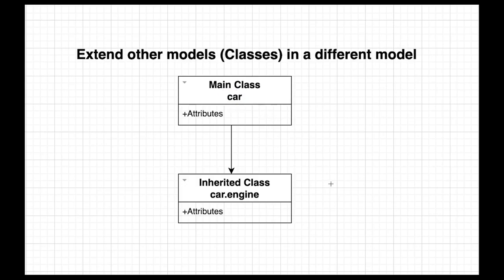So let's see how to do it. And yes, one more thing is, it is also possible for car.engine to inherit more models. Here we are using car, but you can also use a tires model, then spare part models, then engine design, something like this.